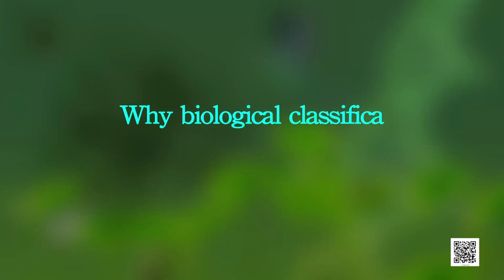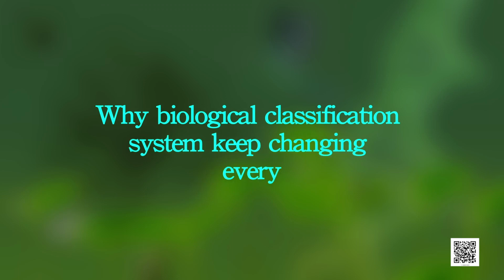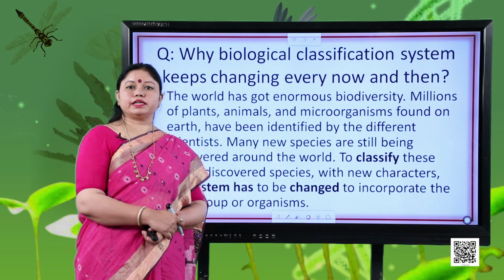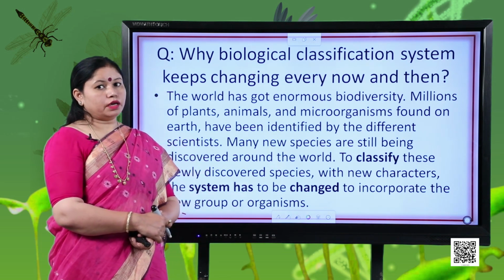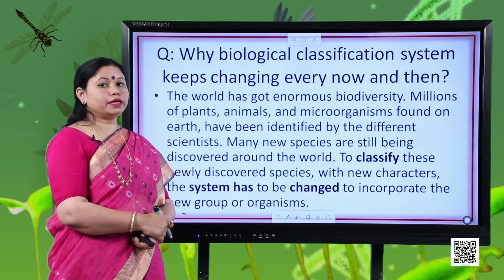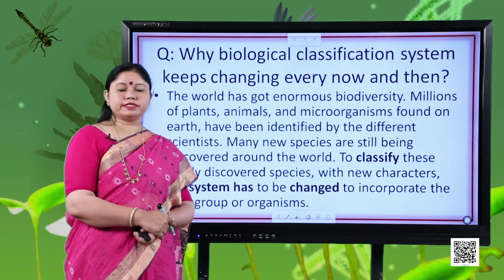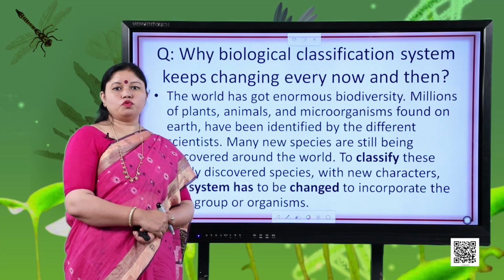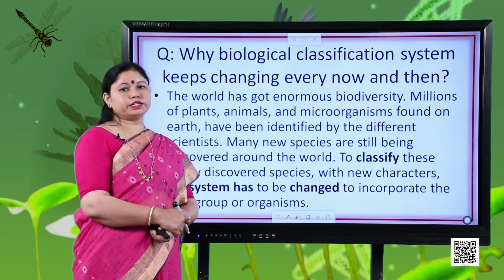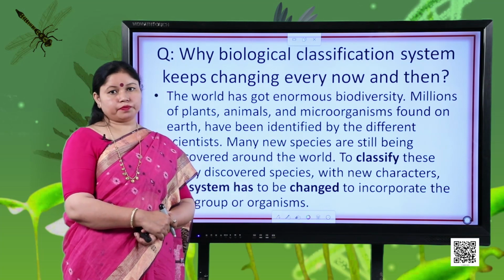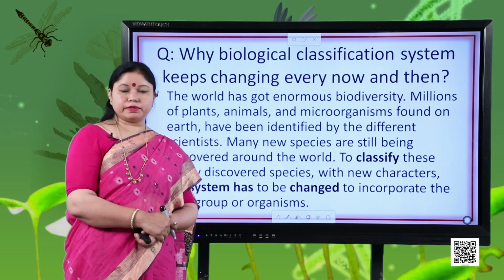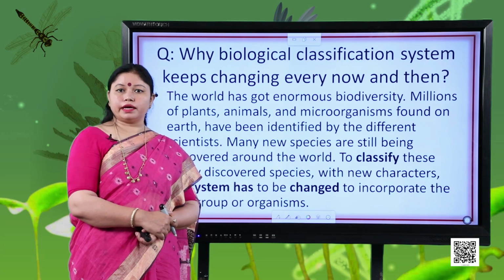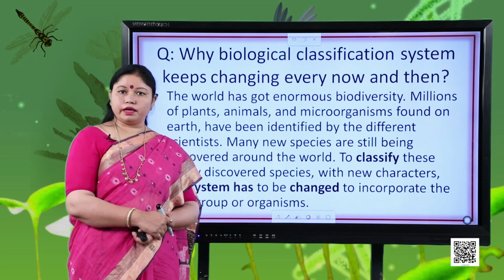Why does our biological classification system keep changing every now and then? If we look at the history of biological classification, it goes back to Aristotle. Aristotle is also known as the father of biological classification. He was the first person on the earth who felt the need of such classification while studying the animal kingdom. He classified various animals on the basis of their habitat, whether they lived on land, water or in air.